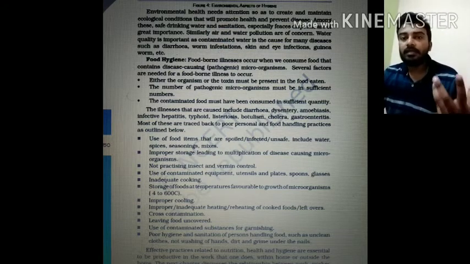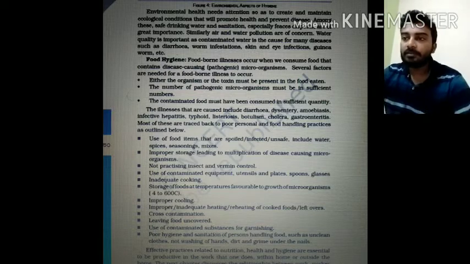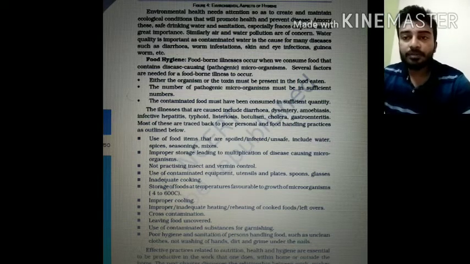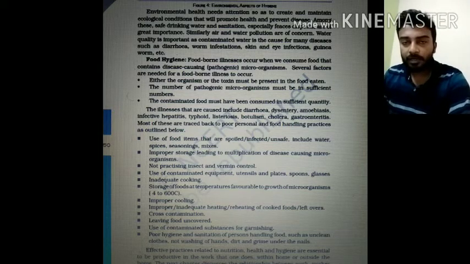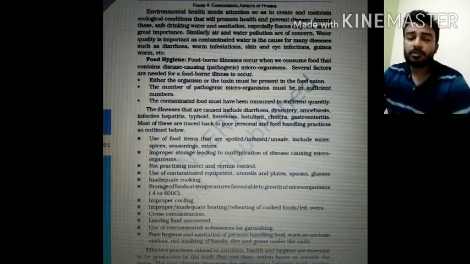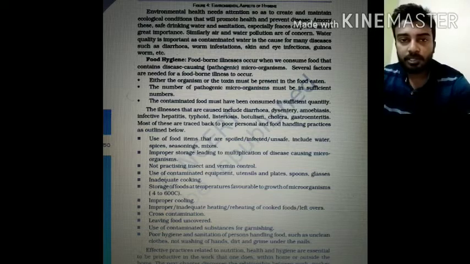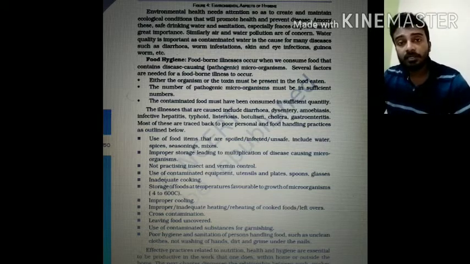Pathogenic means the disease causing microorganisms. So let's see what are the different factors which are responsible for a foodborne disease to occur.